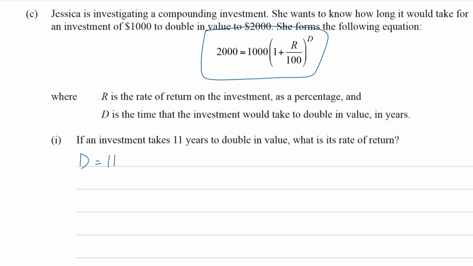So we could just start by substituting in D equals 11. So 2,000 equals 1,000 brackets 1 plus the rate of return, which is what we're looking for, over 100, all to the power of 11. Now we just need to solve for the unknown.